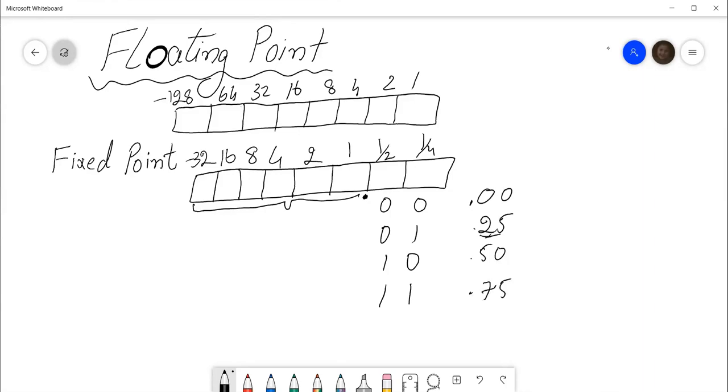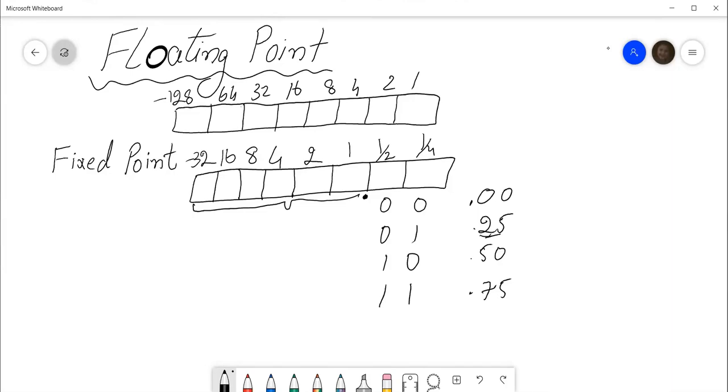Now, if we increase the bits for decimal and we decrease the bits for our integer, then we'll have a lesser range of positive and negative numbers and a few more bits for decimal numbers. So a little better estimation, precision, and accuracy of the fractional part.